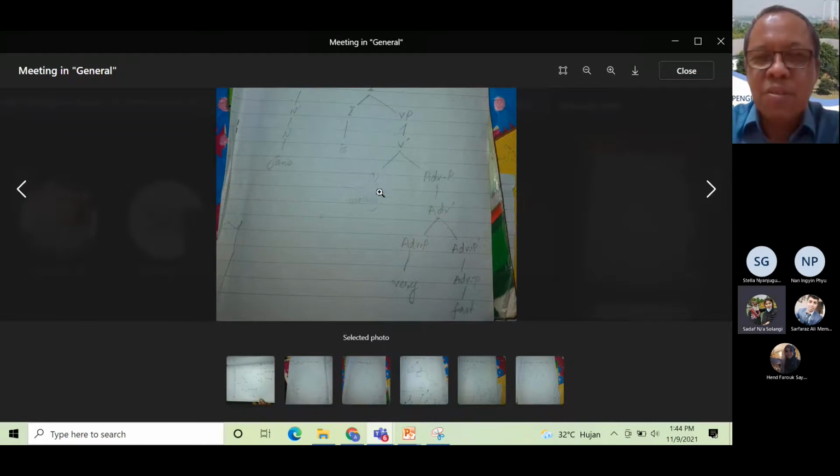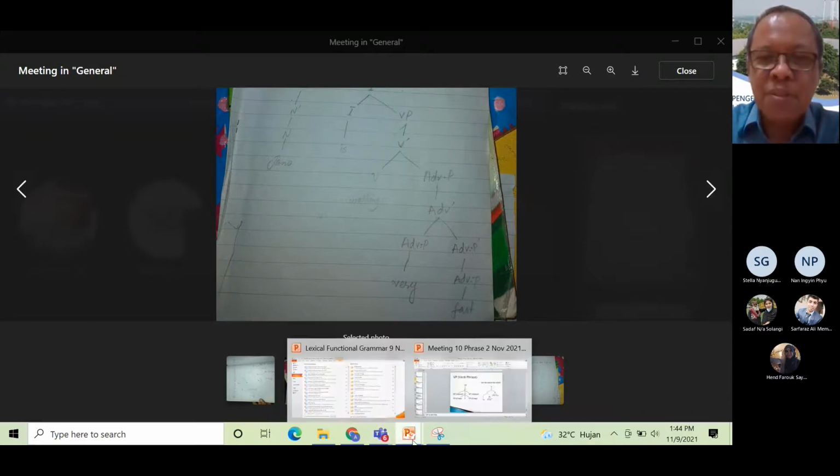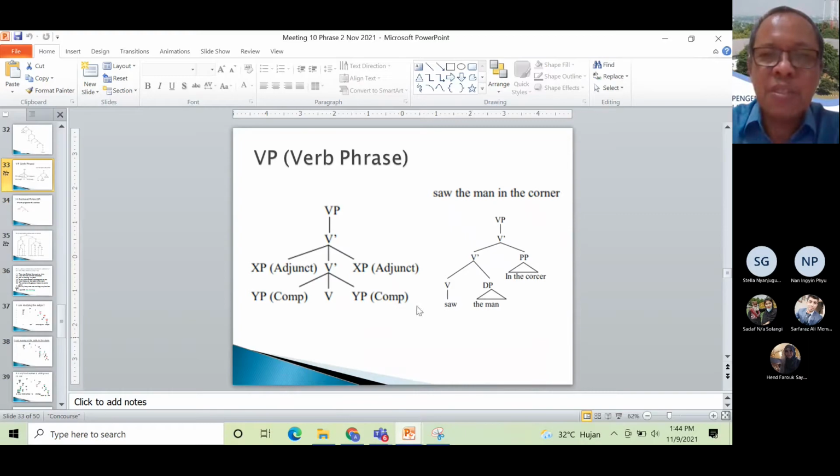Yes, sir. So you missed the V bar here. If you put it as V, the adverbial phrase here will not become an adjunct, but a complement, because the position of a complement is close to X and then the X bar. So one thing that you have to remember is the position of adjunct and complement.